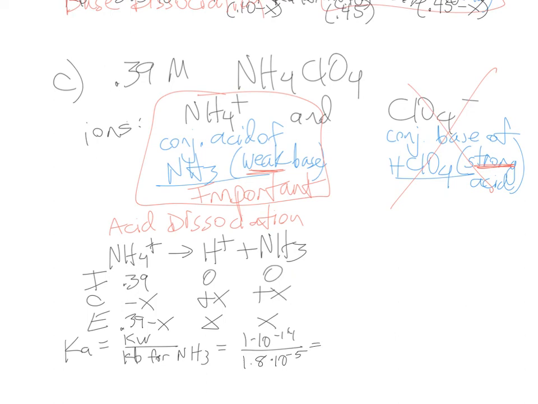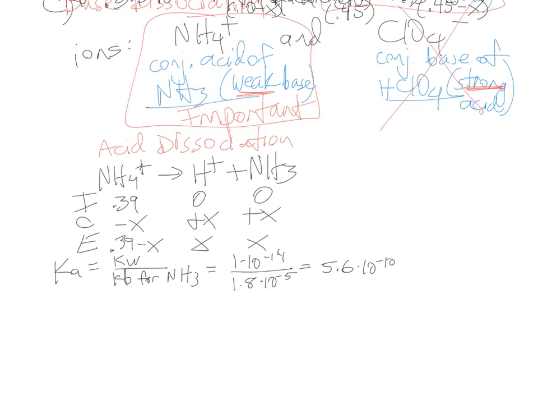And if we work that out, it's 5.6 times 10 to the negative 10th. Now we have a Ka value that we can work with. So for this ice table, Ka is 5.6 times 10 to the negative 10th.